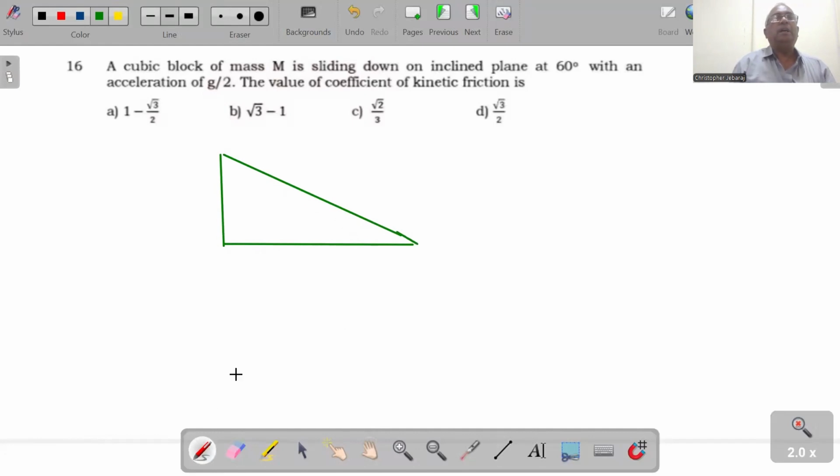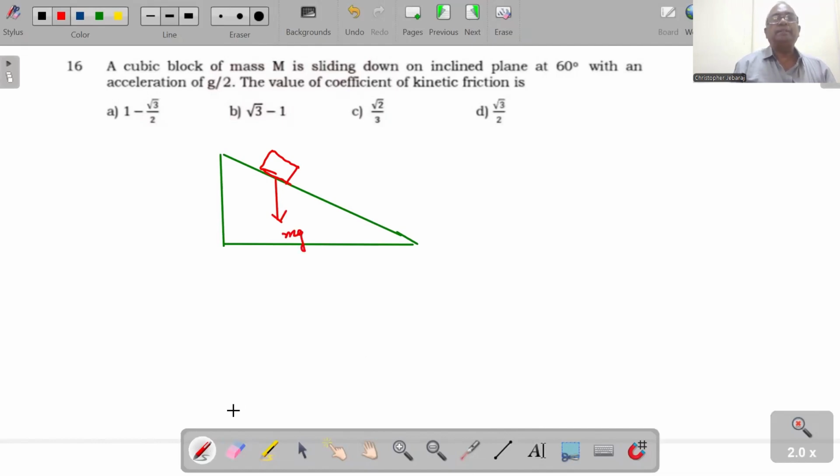Here we have a mass placed on an inclined plane. The weight is acting vertically down. This is the weight, which can be called mg.